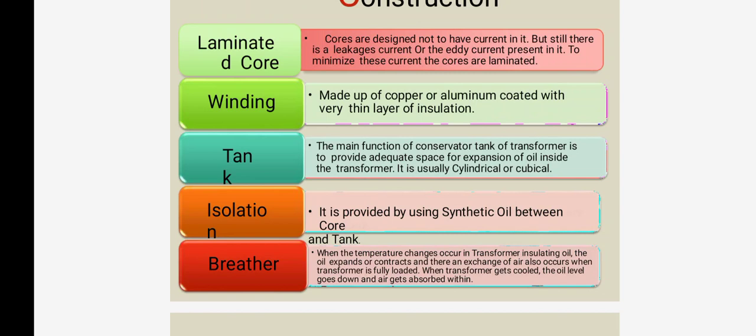The winding is made up of copper or aluminum coated with a very thin layer of insulation. The main function of the conservator tank is to provide adequate space for expansion of oil inside the transformer. It is usually cylindrical or cubical. Isolation is provided by using synthetic oil between the core and the tank.